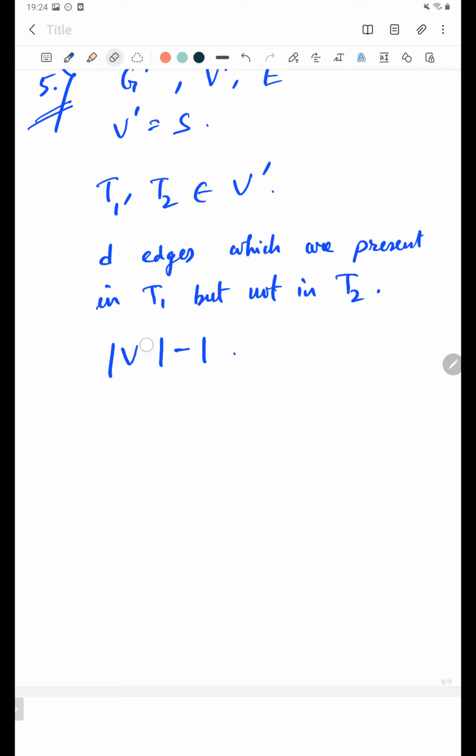Therefore, we also have d edges which are present in T2 but not in T1.